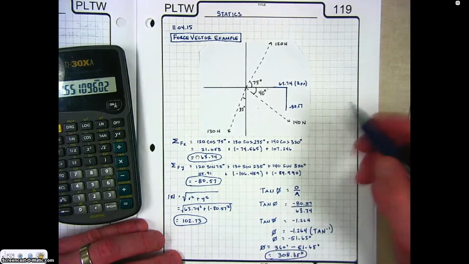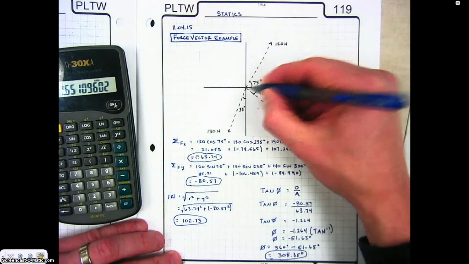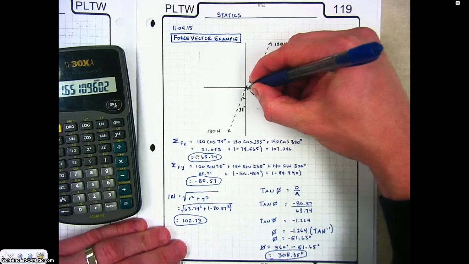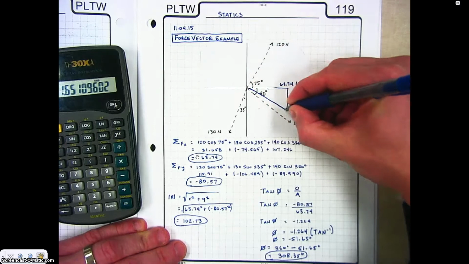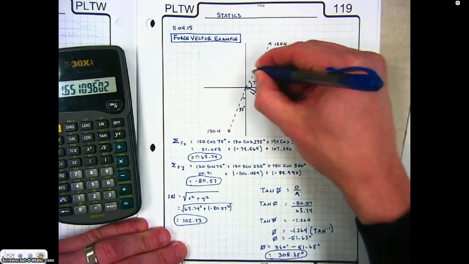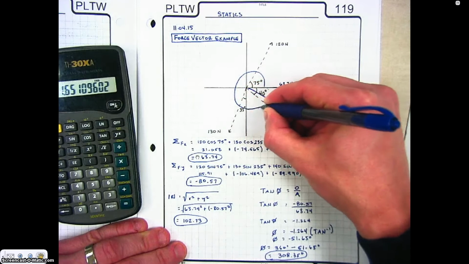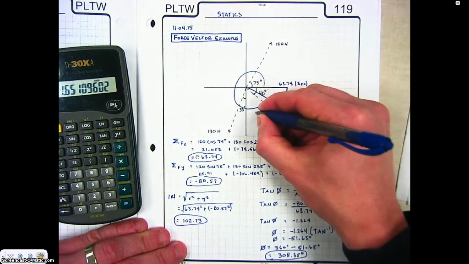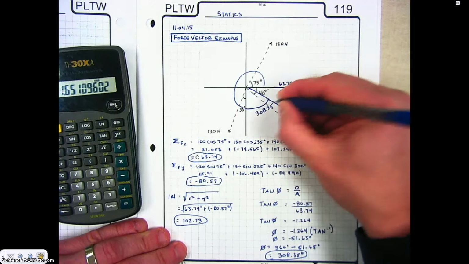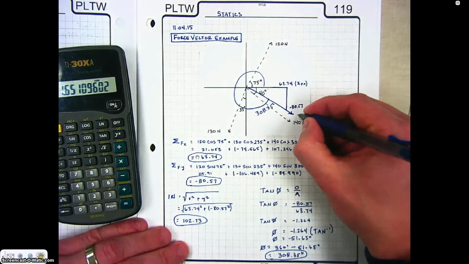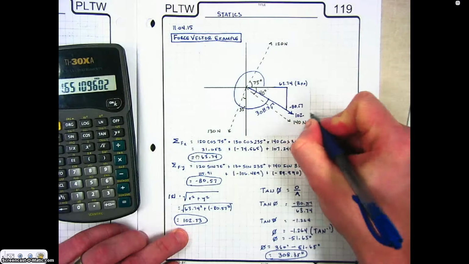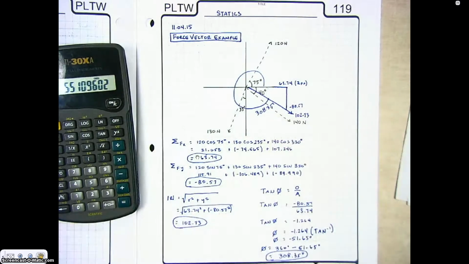So what we're saying is that from 0, our resultant vector is at 308.35 degrees, and it has a magnitude right here of 102.73.